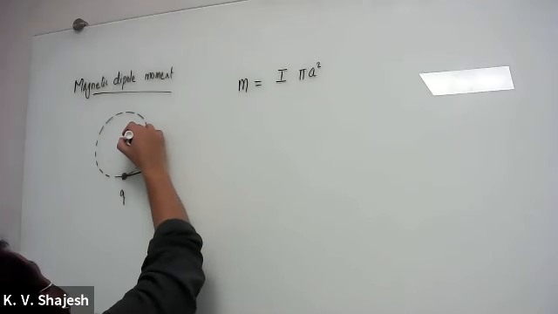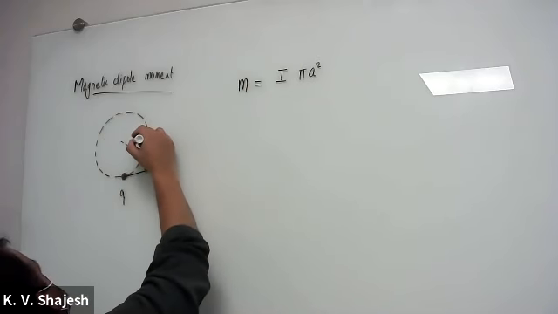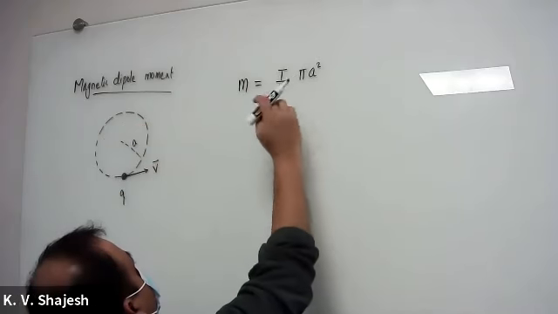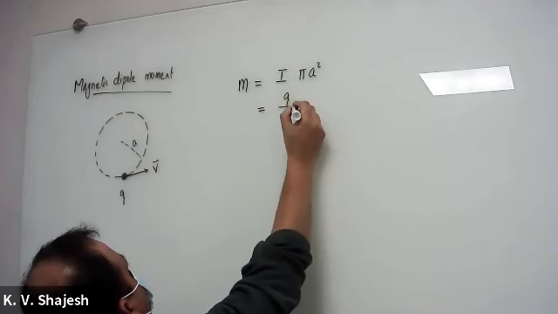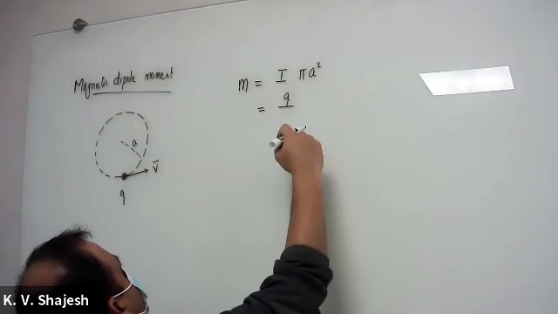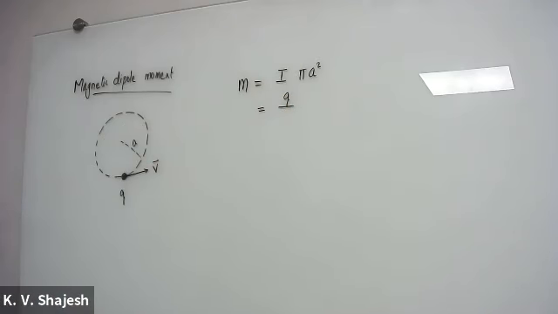So that's your radius a. And current, we would say, is Q over the time it takes, or how much charge goes through a point in a unit time. That's your current. But how much time does it take?